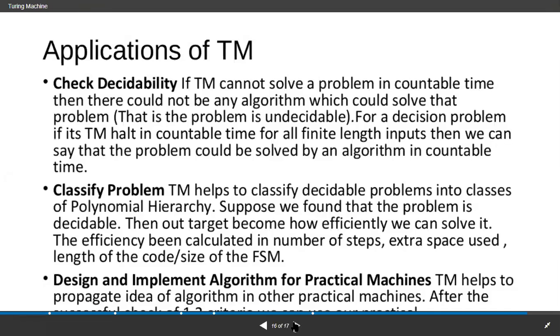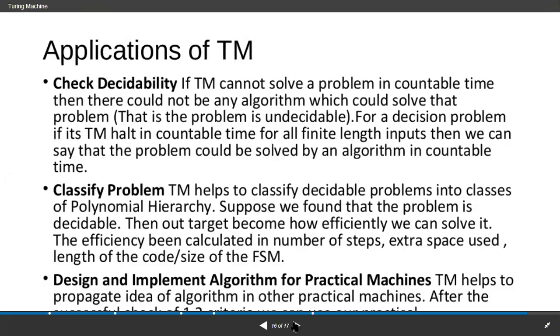Up to now, from last class and today's class, what I have explained is only the introduction of Turing machine: the definition, the formal definition, along with the mathematical definition. I showed you the model of the Turing machine, how to represent it, and what the instantaneous descriptor is, all the fundamental basic concepts of Turing machines.